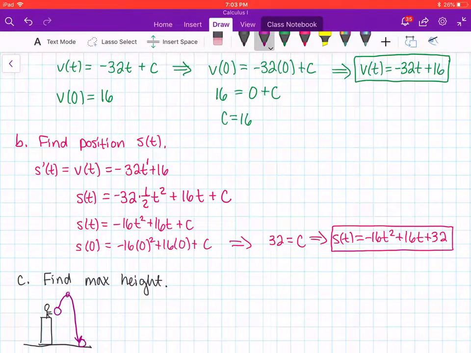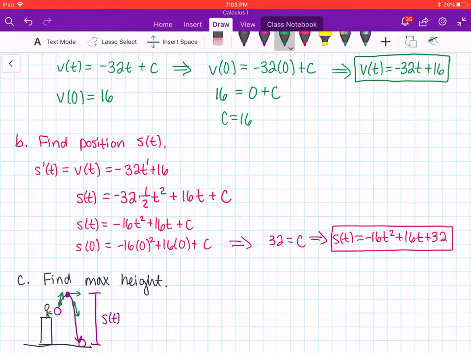We want to figure out where this max height is. What's the maximum height? It's the height, so s of t. We can figure out the height when the velocity is 0. Keep in mind our velocity is going up and then it's going down once we're past the peak. So right there at the peak, our velocity is 0.